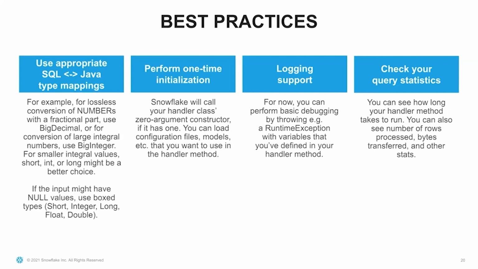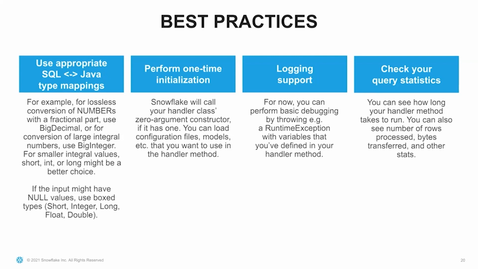First, think about how you're mapping the types between SQL and Java. You can find a lot of tips in our documentation. The big part is, for example, strings are really easy to move from one world to the other, but with numbers, you should be careful about how you choose a big integer or a big decimal, or, for example, floats versus doubles.